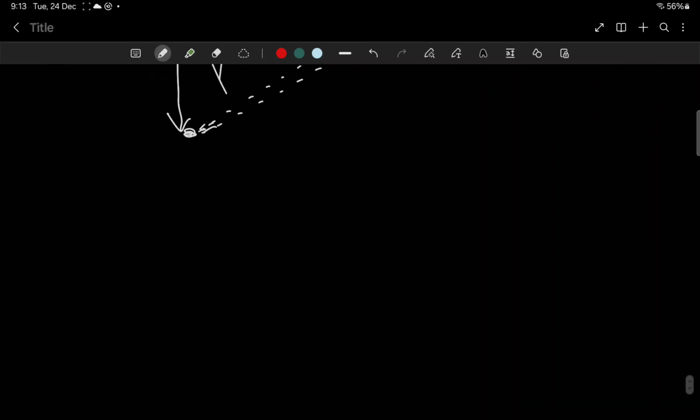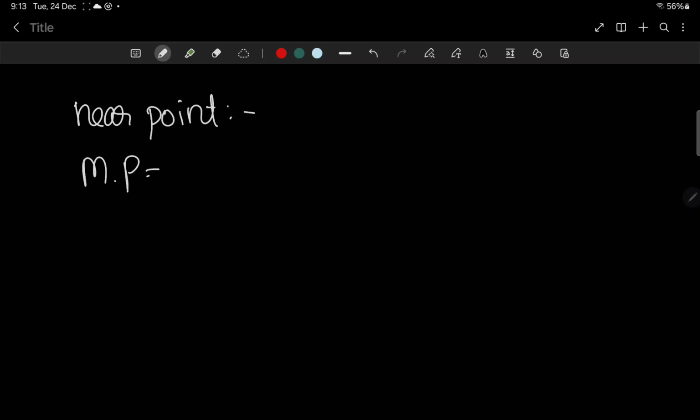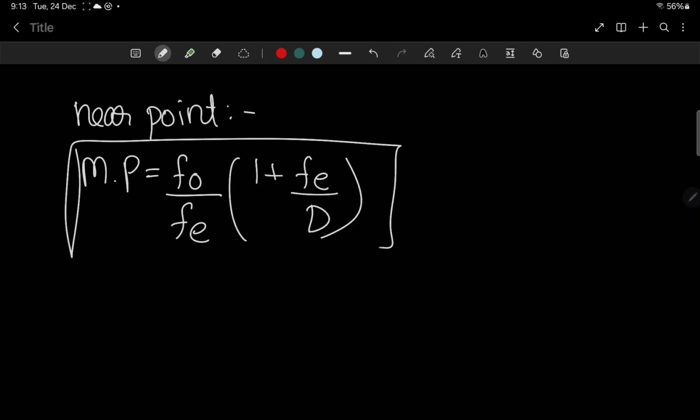Okay, now for near point, the magnifying power is f naught by fe into 1 plus fe by d. Just learn it by heart.